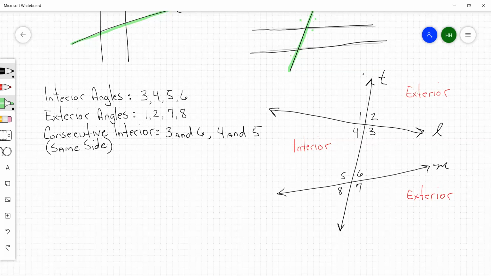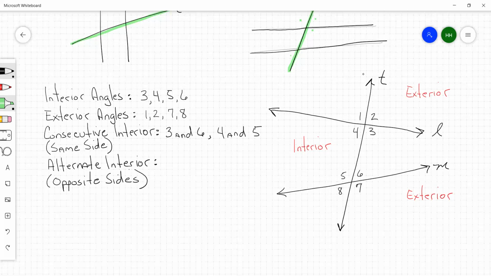The next type of angles we have here are called alternate interior. Alternate interior angles are on opposite sides of the transversal.